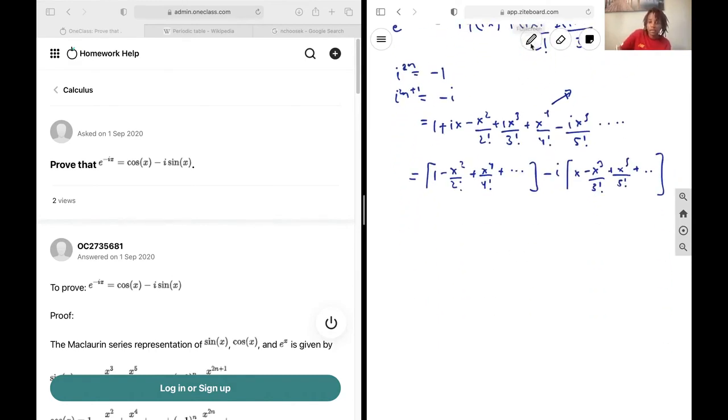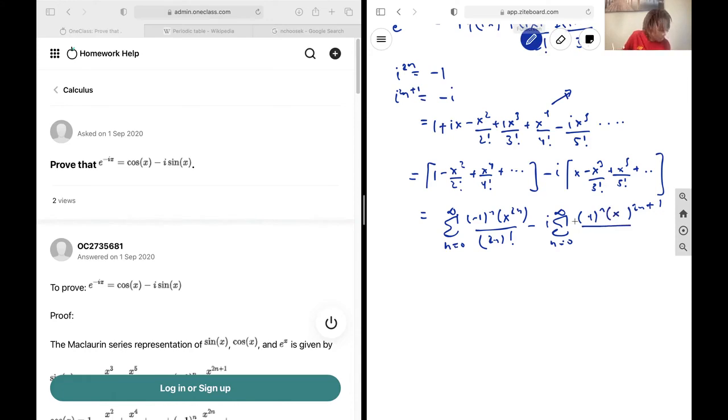And we notice that these are actually summations that we know, namely the one that we wrote down for cos, and the one that we wrote down for sine, all over 2n plus 1.